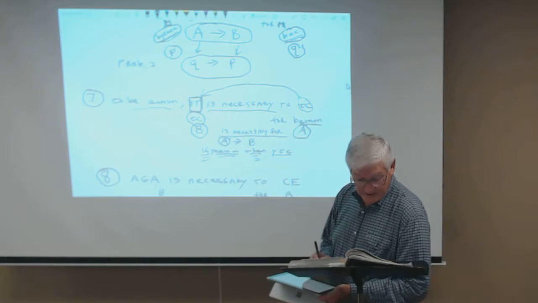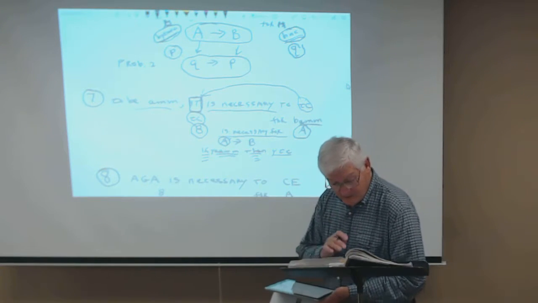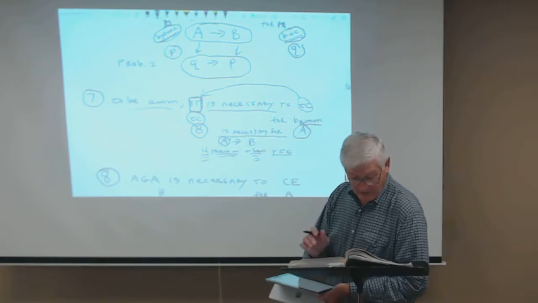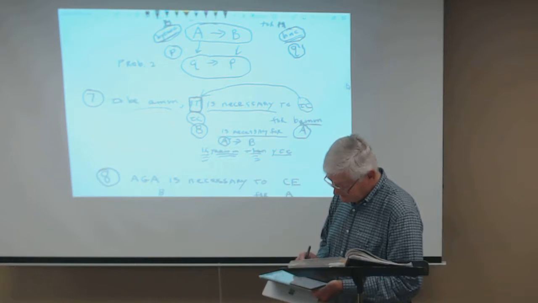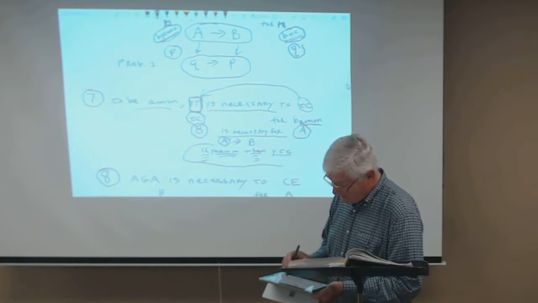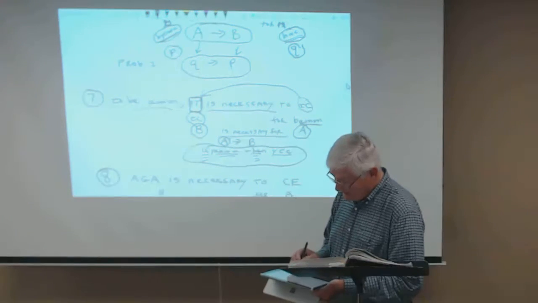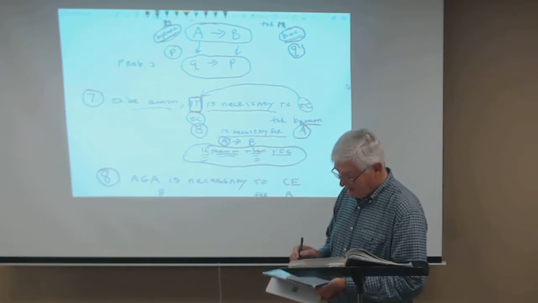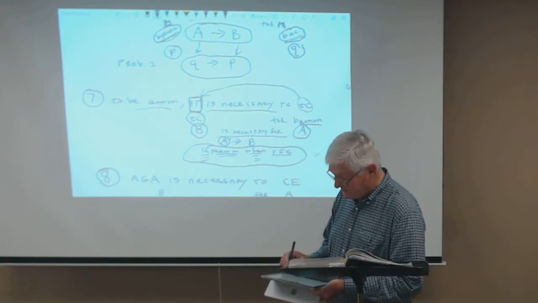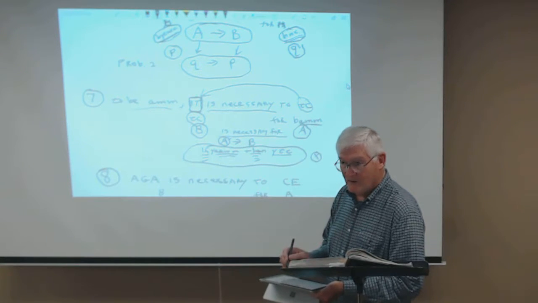Now, how do I put that? Oh, they want it in words. They don't want it in symbolic language. So there's the answer. If you are a math major, then you take calculus. Now, do you follow how we got at this answer?